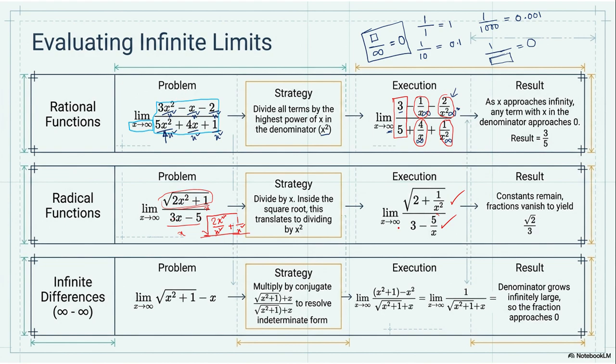Now put infinity in place of x, then what will we get here? 5 by infinity will become 0, 1 by infinity will become 0. So we'll have root over 2 plus 0, that means root over 2 divided by 3. So the result is this.